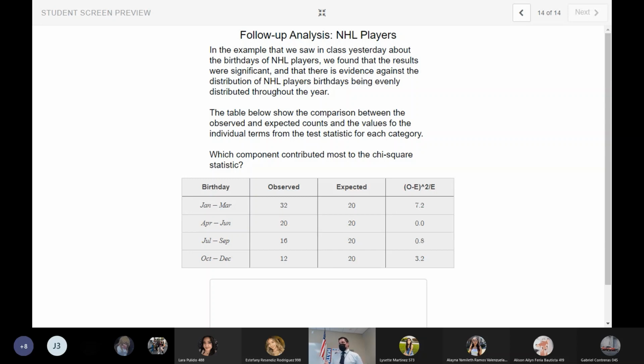It doesn't prove that, but it's support for that claim. So I'm not going to have you necessarily do this question. I had it set up, but I don't know if we need to. Is there anything I can clarify on that follow-up analysis? That's essentially what it is. Which thing contributed the most to our chi-square statistic?